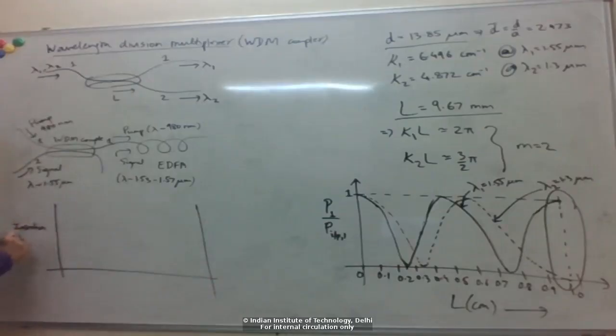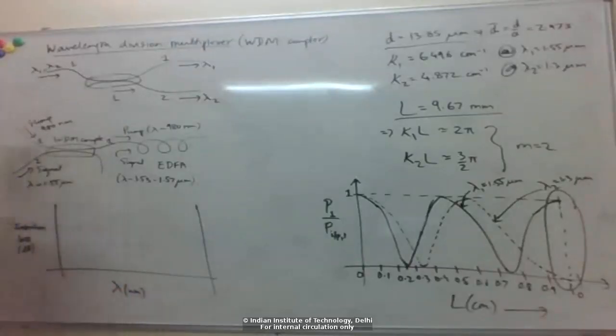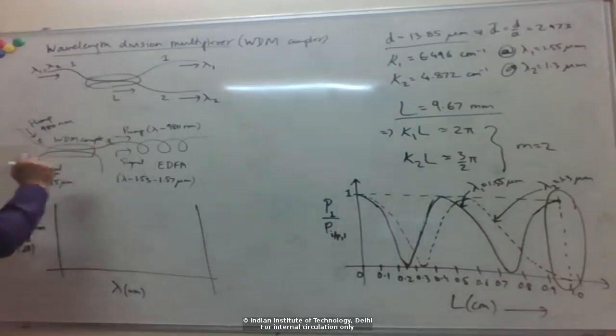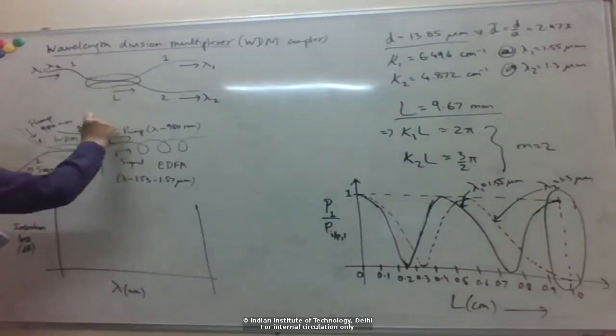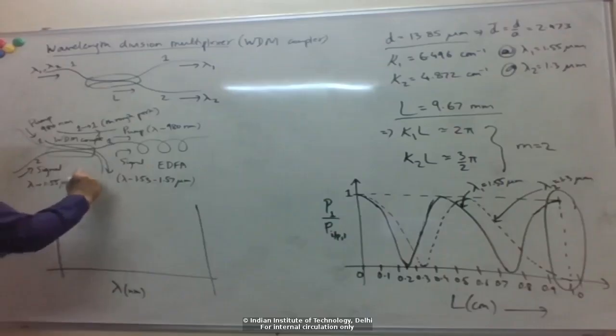So I plot this insertion loss value that we discussed last time as a function of wavelength. If I look at the pump, basically the input is port 1 and the output is also port 1. So this is called the through port. Okay, so this 1 to 1 channel is called the through port. And the other one, 1 to 2, when it couples to the other one, is called the drop port.